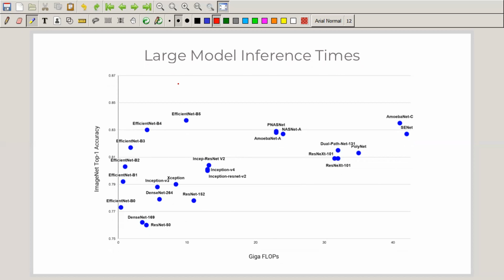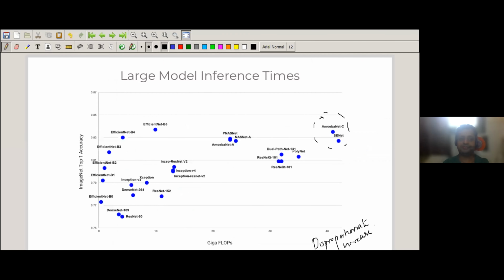So there's a marginal increase as you go from one architecture to another, but the training time is increased disproportionately. Okay, so this is a disproportionate increase in the training time. In the inference time. And that's because your models are becoming very complex and larger.